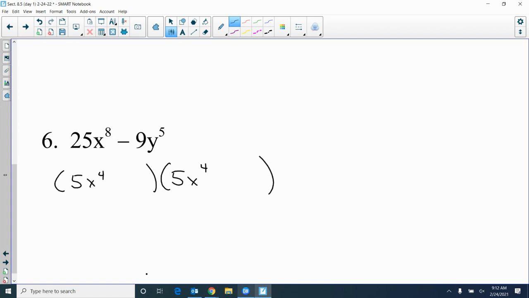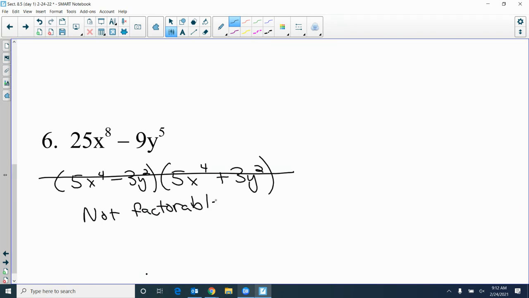Anybody know what the problem is? It's to the 5th power. You might say 3y squared, but this one can't be 3y squared and get to the 5th power. And these can't be different. So this doesn't work. This is not factorable.